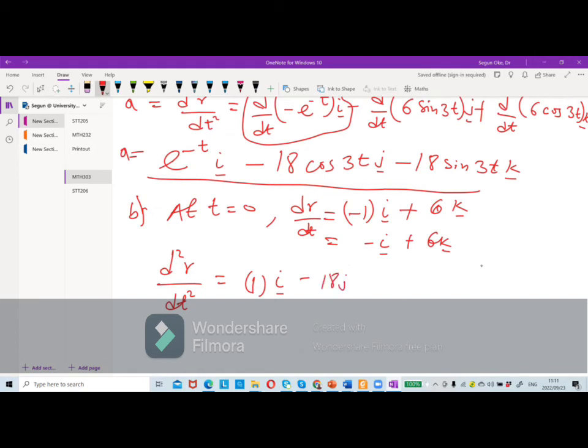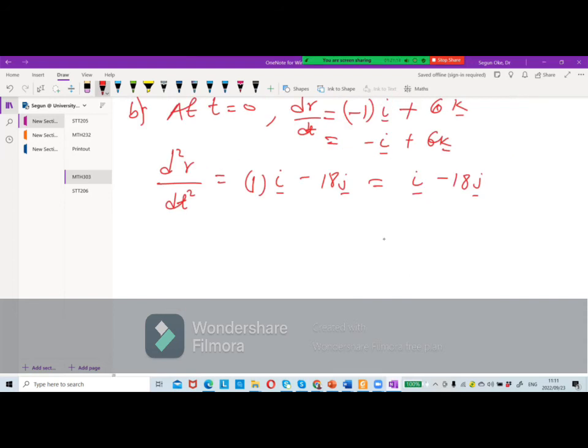The sine term returns to 0, since sine 0 is 0. So finally, you have i minus 18j, sorry, 18j rather.